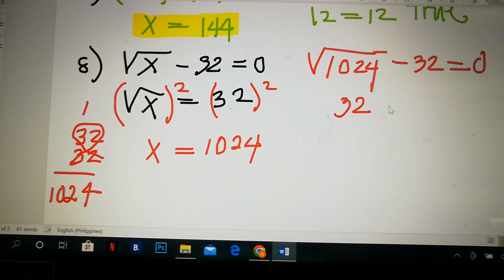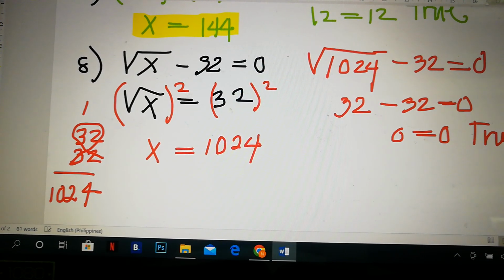If that is 32, then 32 times 32 is 1024, and we know it's already 1024. So 32 minus 32 is equal to 0. So 0 is equal to 0 is a true statement. Therefore, the value of x is 1024.